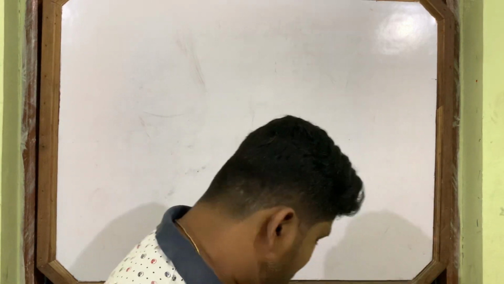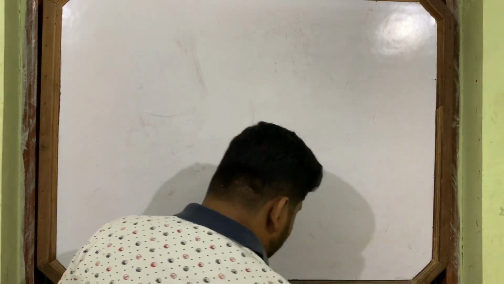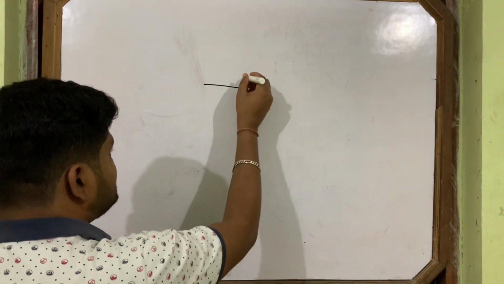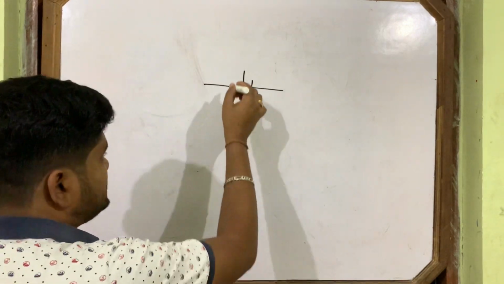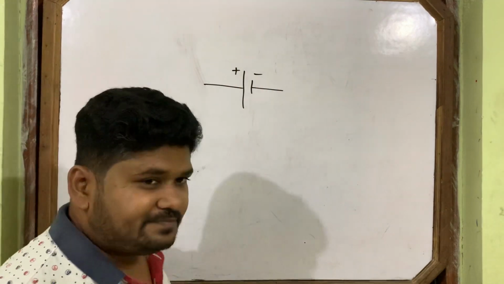If it is a potential difference, can we use a voltmeter? A voltmeter can measure potential difference, because you know a voltmeter is a device which measures potential difference. See, this is a cell with two terminals, one positive and one negative.